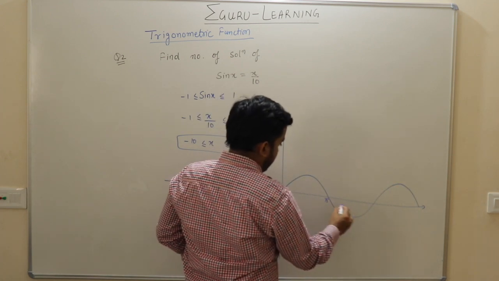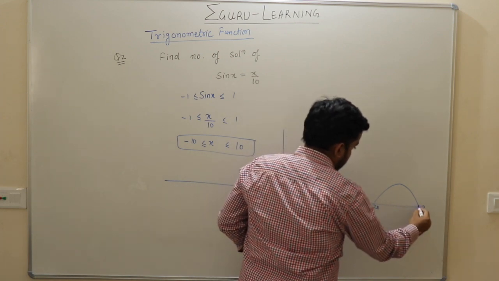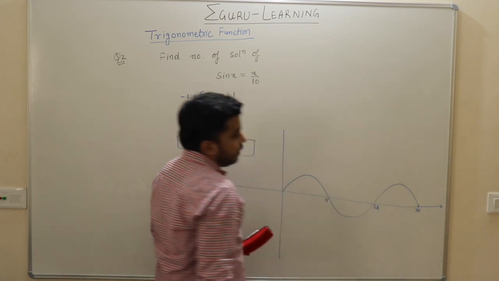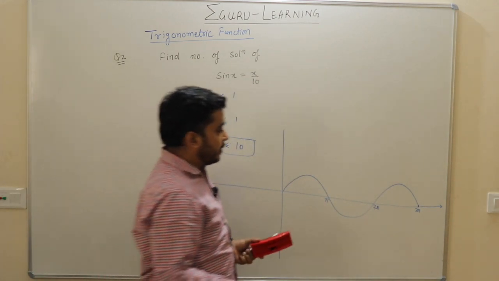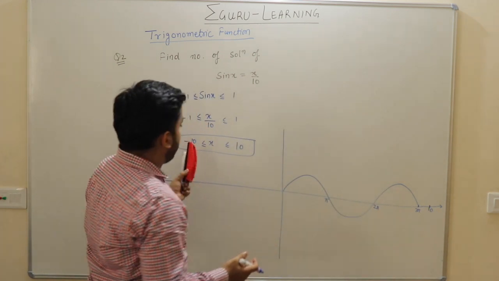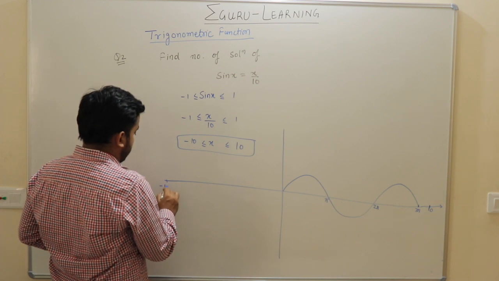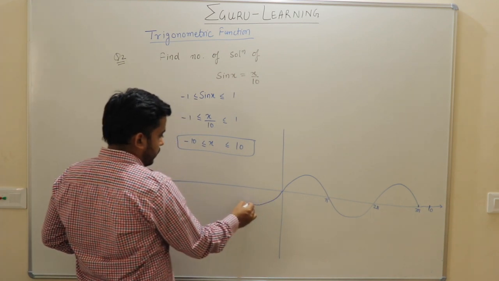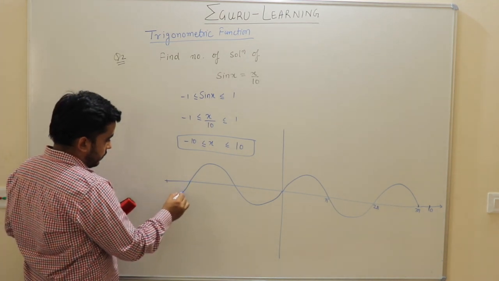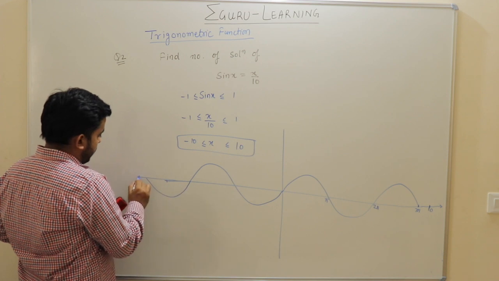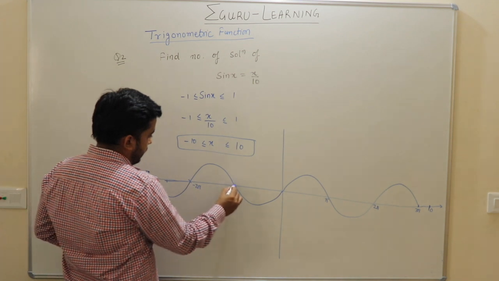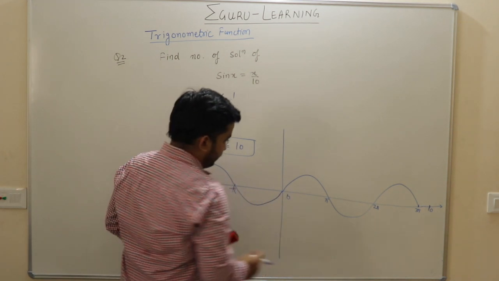This is pi, 2 pi, 3 pi, and the value of pi is 3.14, so 3 times 3.14 is 9.42. This is 10, so we need to check the solutions between minus 10 and 10. This is minus 10, minus 3 pi, minus 2 pi, minus pi, 0.